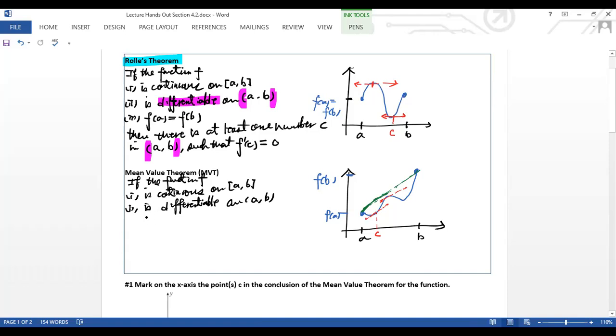Then the third condition is here. f(a) does not necessarily have to be equal to f(b), right? So f(a) and f(b) are not necessarily the same. That means they can be different here.